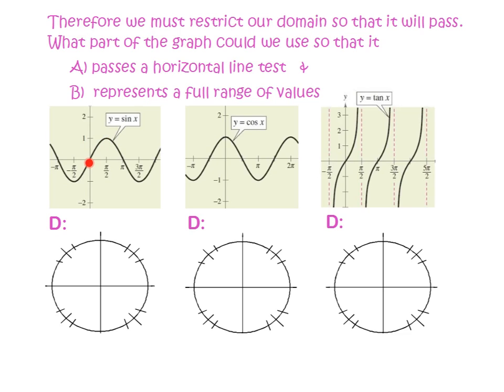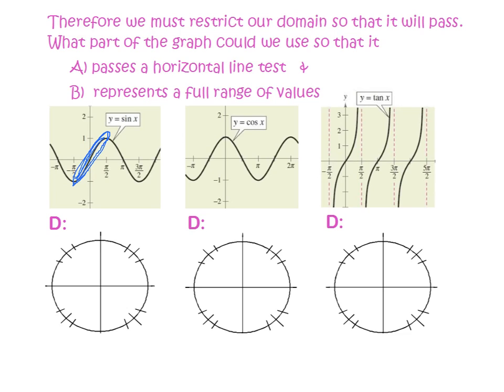So I'm going to back it up so I can get down to -1 also. The piece that I want to pick out is this piece right here. It has a nice full range from -1 to 1, and that piece would pass a horizontal line test. If you were to graph the inverse sine function on your calculator, you're going to see just this tiny little piece of a sine wave.